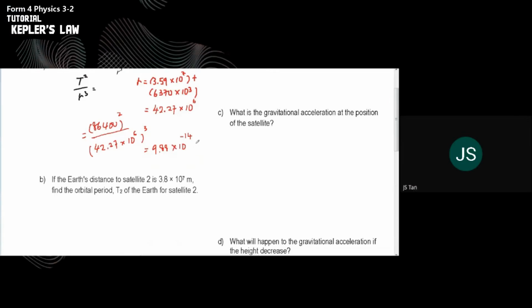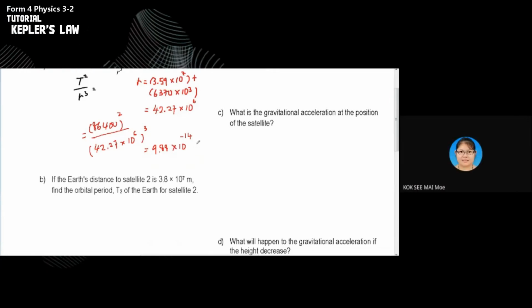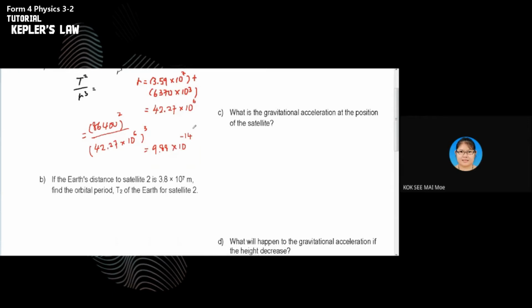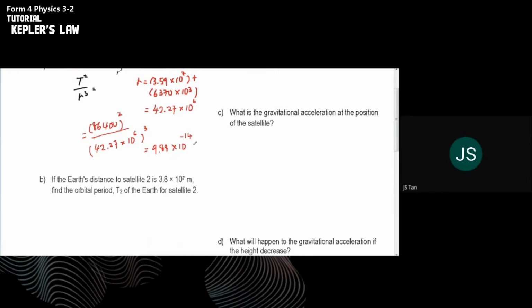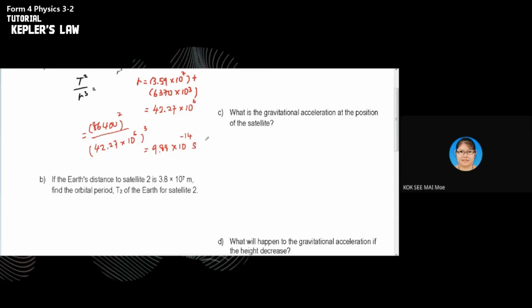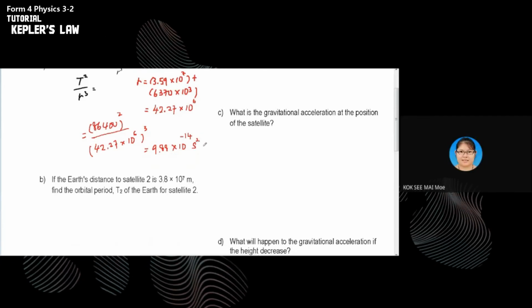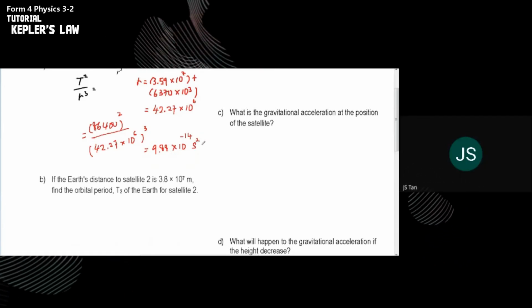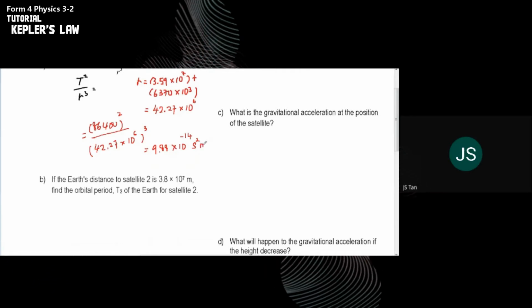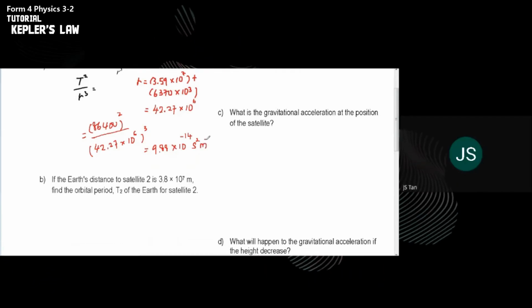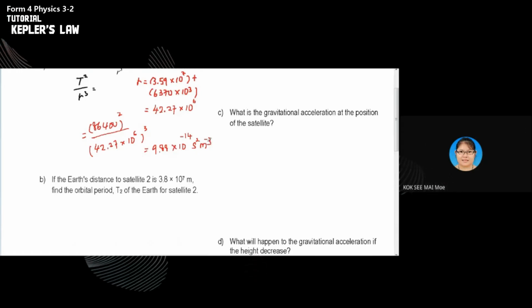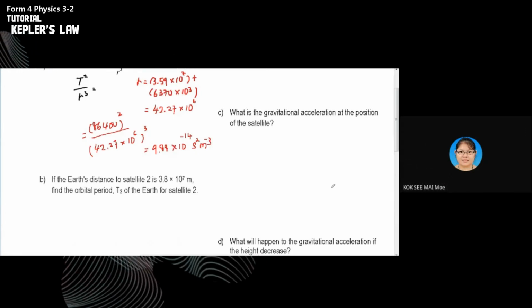T over R. T is seconds, and it is squared. R is meters, and it is cubed, so seconds squared per meter cubed, s² m⁻³. Yes, correct. So this one is the answer.